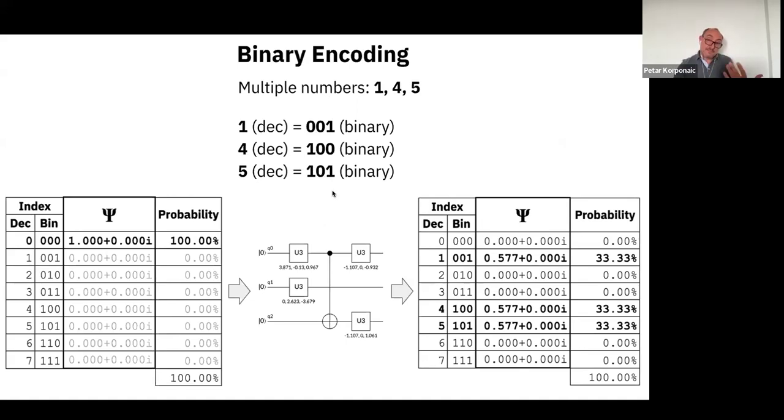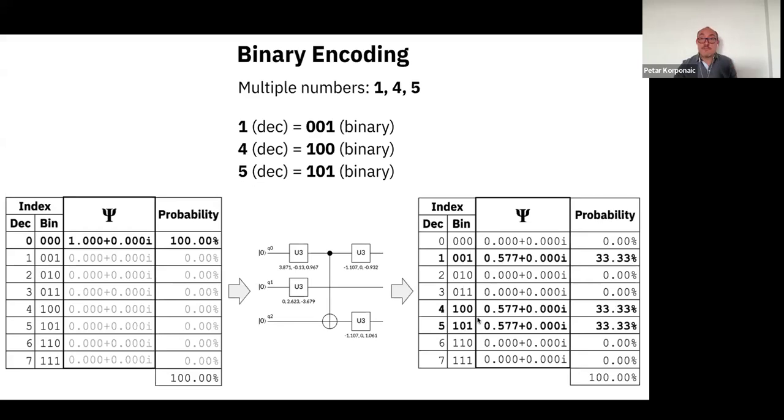Now, how do we do that? We put the state into a probability of 33.33% for number 1, 33% for number 4, and 33% for number 5. This is how we can encode multiple numbers.